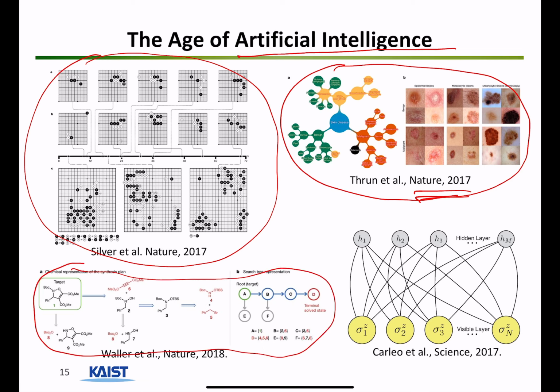Others look into chemical reactions and finding the optimal reaction pathways to create new materials, and simulating quantum simulations using a representation of wave functions. Notice that a lot of these papers in Nature and Science have revealed that this AI research has begun to take major proportions of the scientific research in different fields.